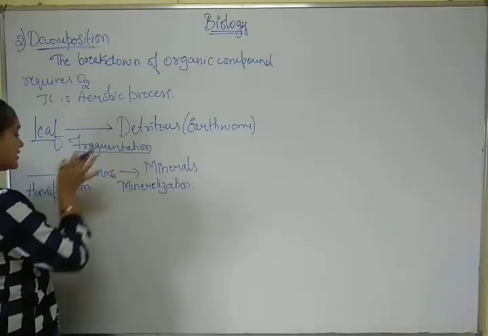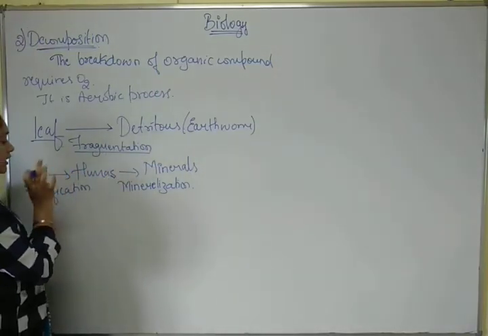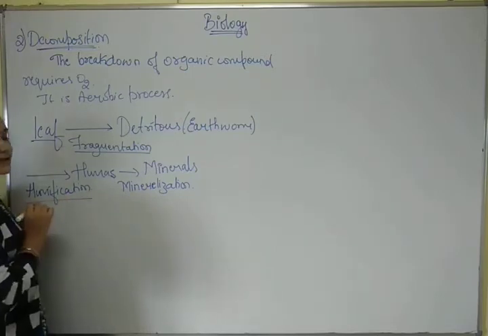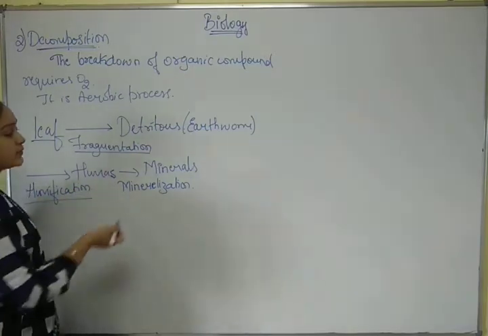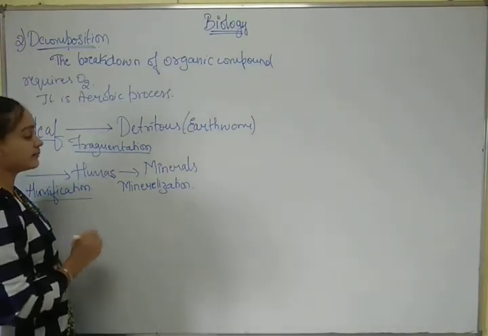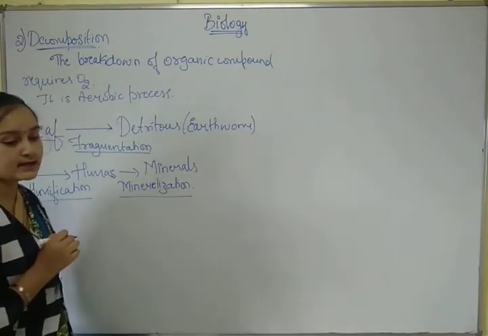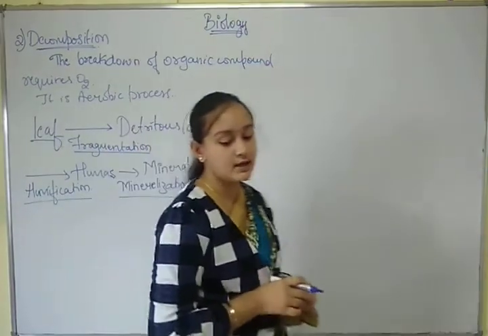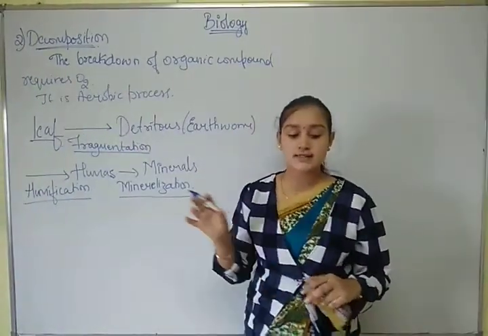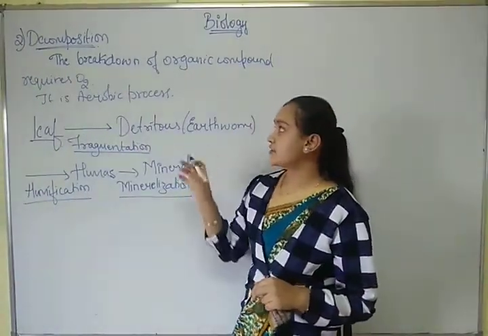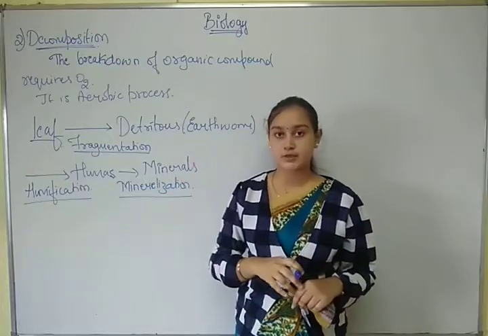Next, the detritus gets converted into humus, and the process is unification. Next, humus converts into the minerals, and that process is called mineralization. So these are the steps carried out in decomposition.